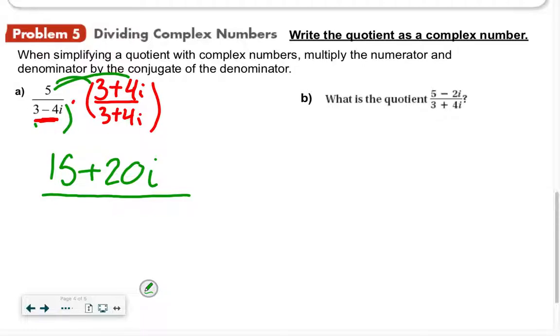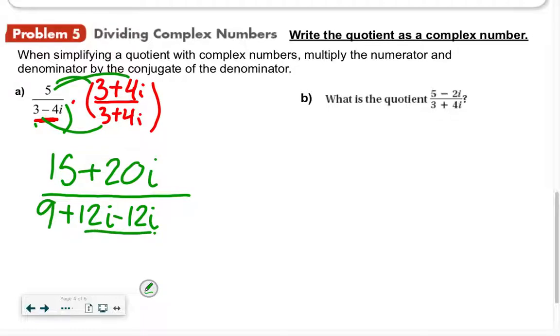So my first, 3 times 3, gives me how much? 9. And then what you'll notice here is just like with those factors we were talking about, 3 times 4i gives me a plus 12i, right? And 3 times minus 4i gives me a minus 12i. So when you multiply by conjugates, what's going to happen in our next step with these two?